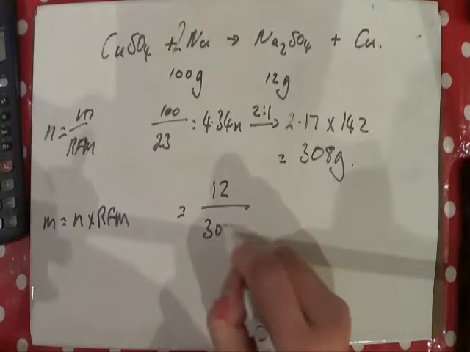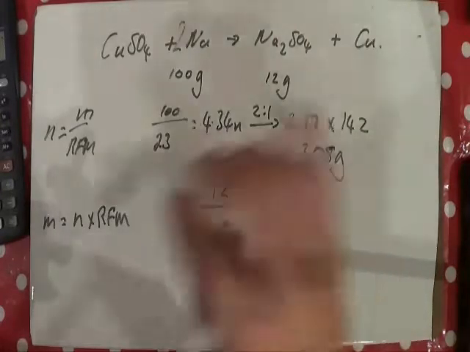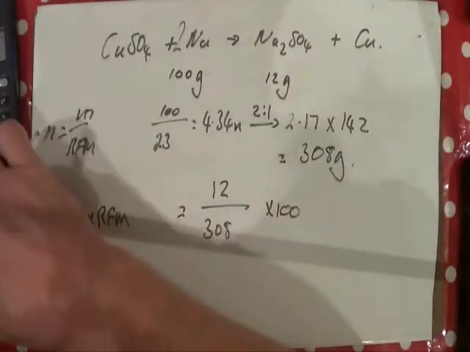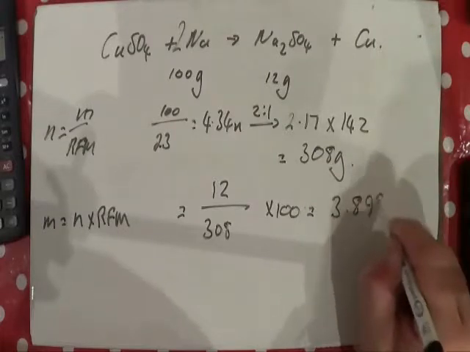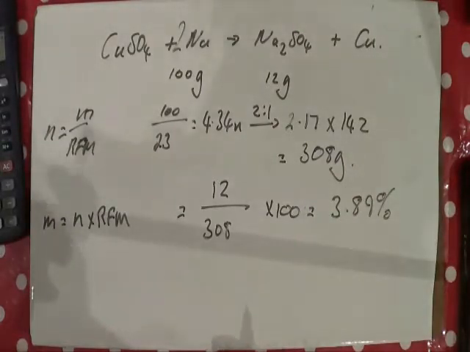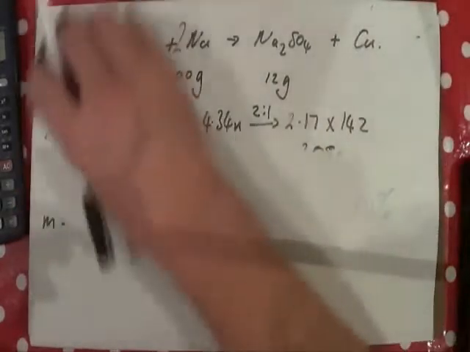It's going to be 12 over 308 times 100, and that gives us a really very small percentage yield of 3.89% only. Right, we'll do another couple of these, guys. I think that will probably do us. Hopefully by the time we do that, you've got them sussed.